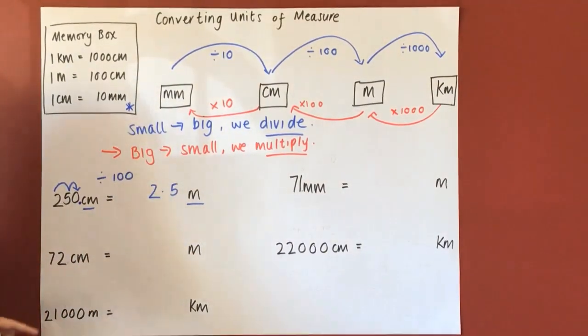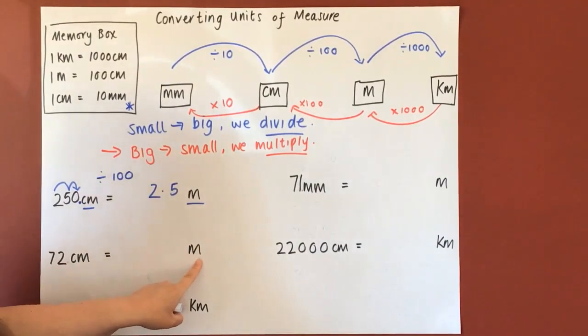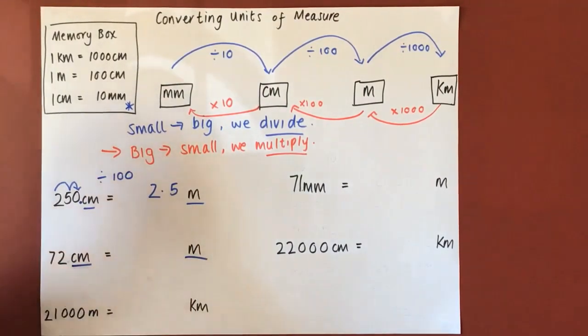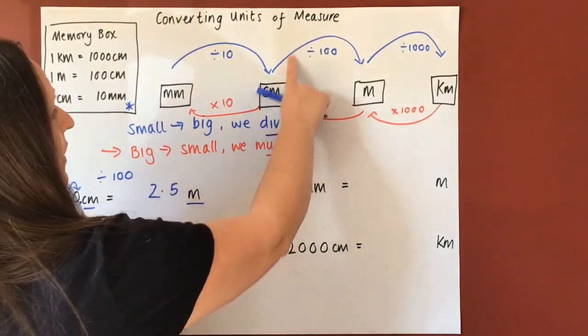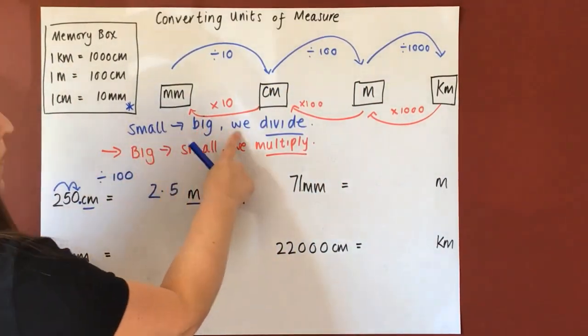Let's do the next one. We have 72 centimetres and we need to convert that to metres. I'll underline my key parts of my question. Centimetres to metres, I'm dividing by 100 because I'm going from small to big, we divide.